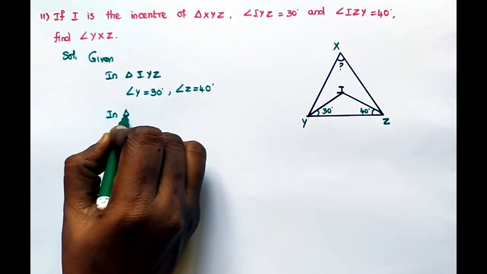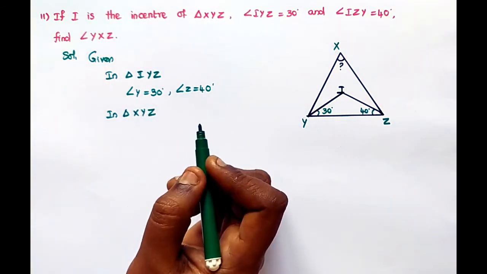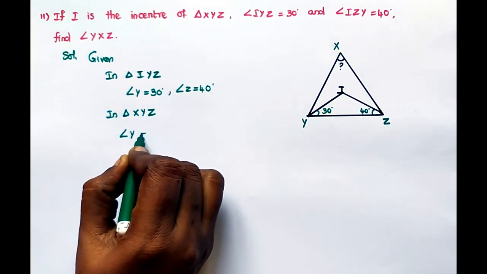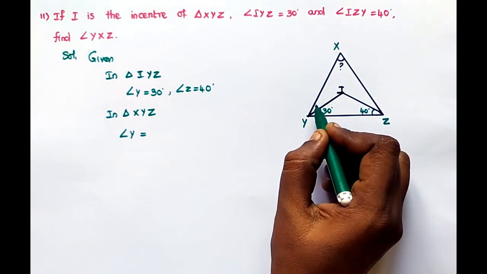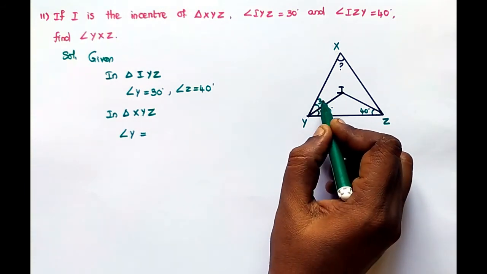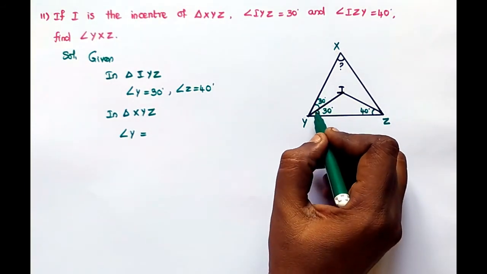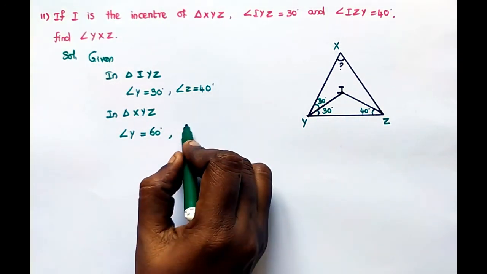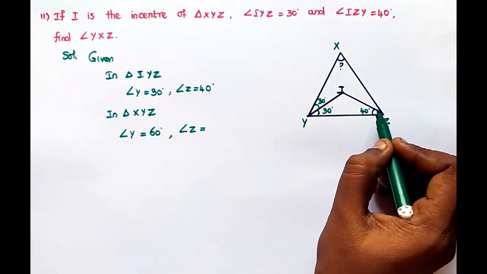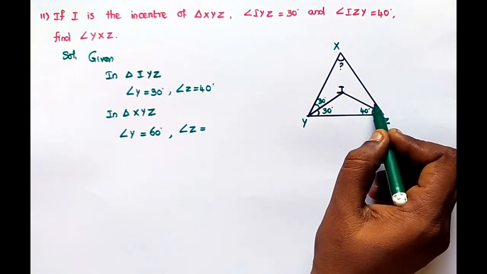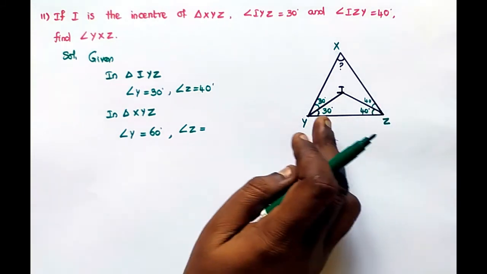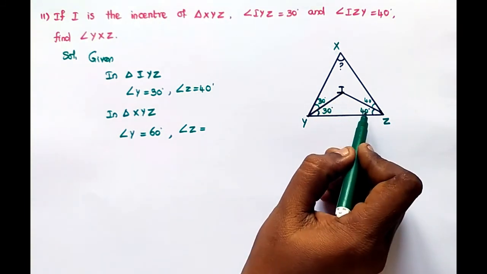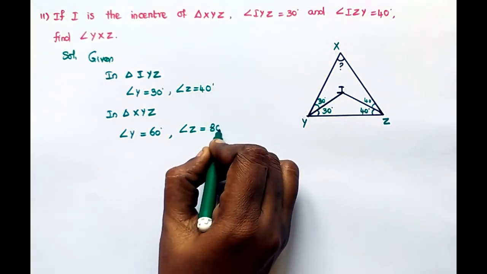In triangle XYZ, here 30 degree means here also 30 degree. So totally angle Y equal to 60 degree and angle Z equal to, here 40 degree means here also 40 degree, because the incenter divides the angle into equal parts. So angle Z equal to 40 plus 40, 80 degree.